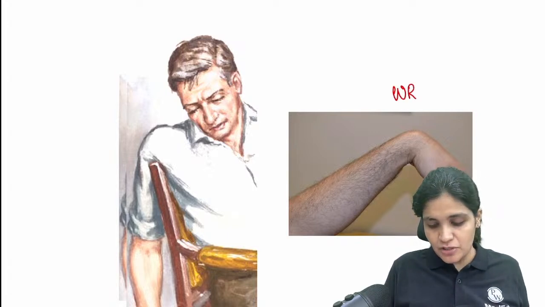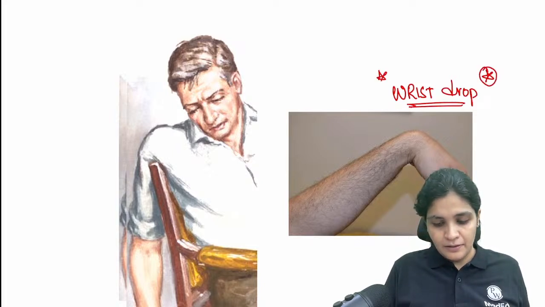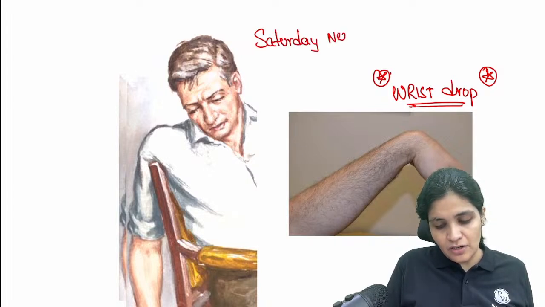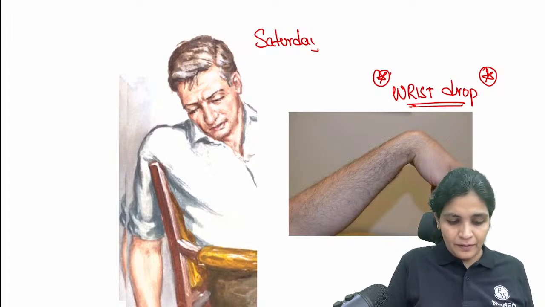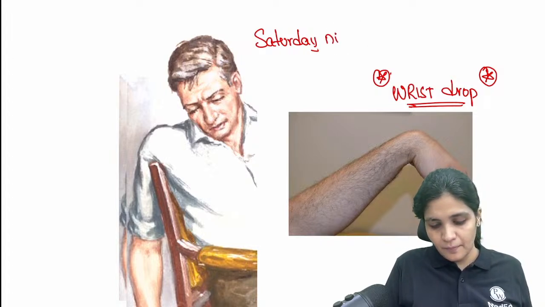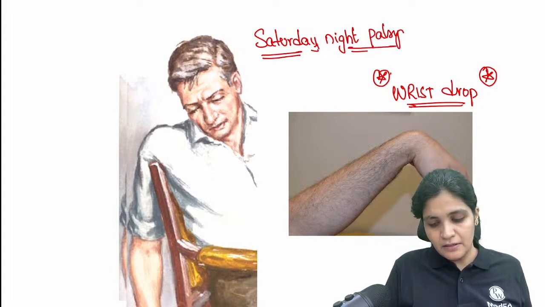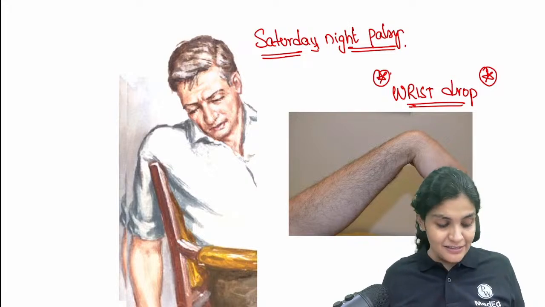Yes, this is wrist drop. But what is this condition? What has led to the wrist drop? Yes, Saturday night palsy. So this Saturday night palsy has resulted in the wrist drop.